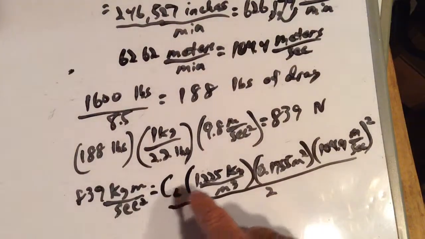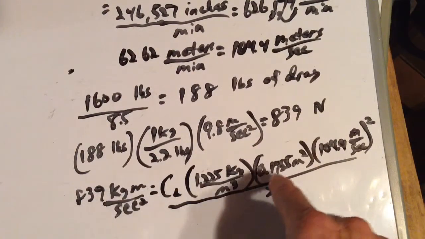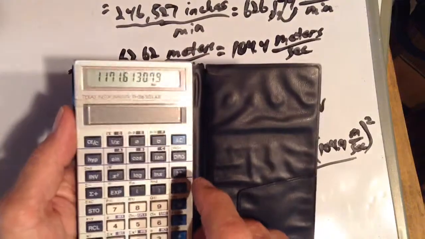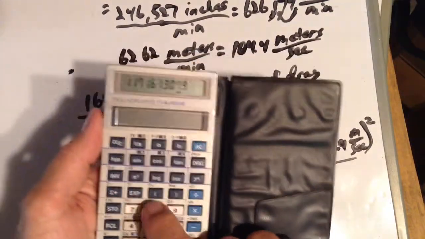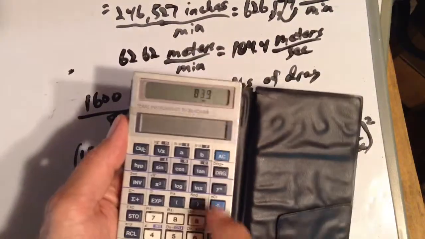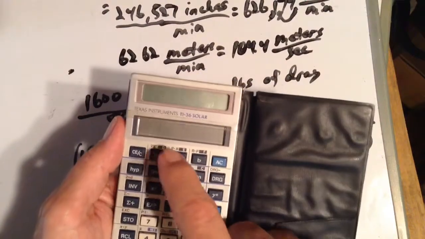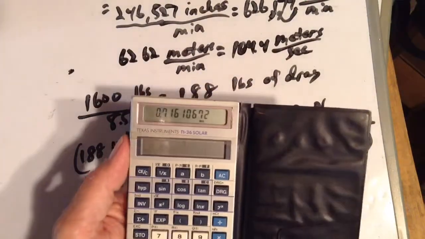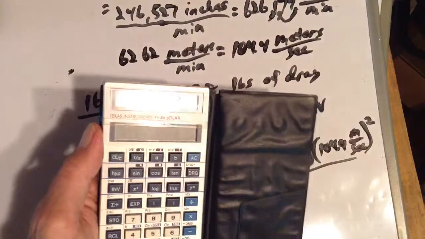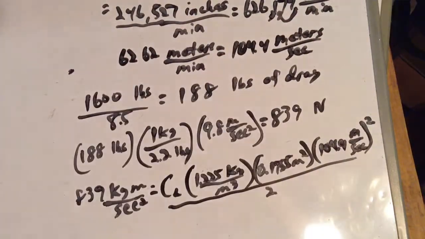So our coefficient of lift is going to equal 839 divided by 1172. So let's divide 839, see what it is, and then hit our 1 over x button, and we get our coefficient of lift equals 0.72.